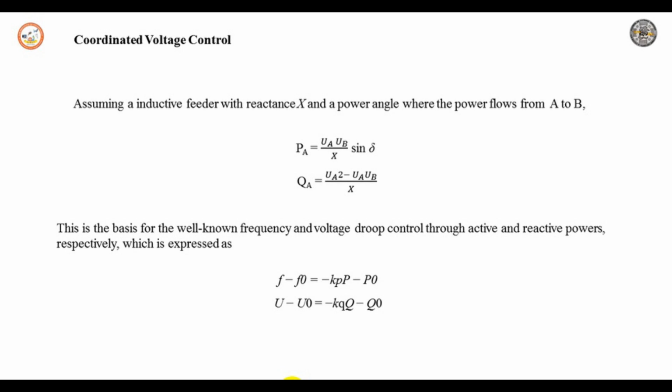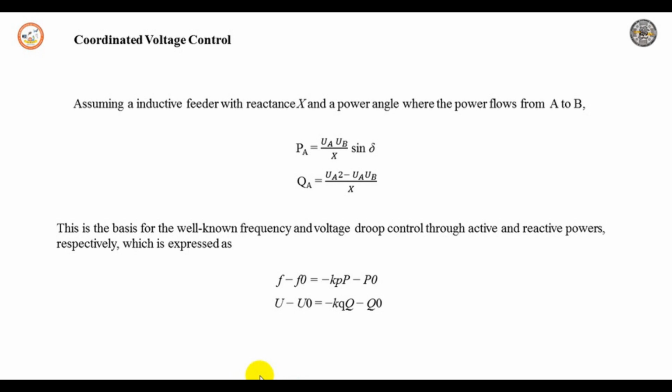So it is derived from the power flow equations, assuming an inductive feeder with the reactance X and power angle delta, where the power flows from A to B. So active power PA is given by UA UB divided by X times sin delta.